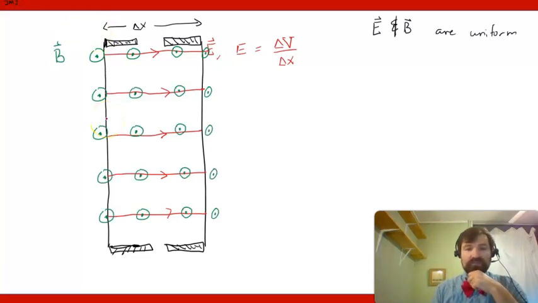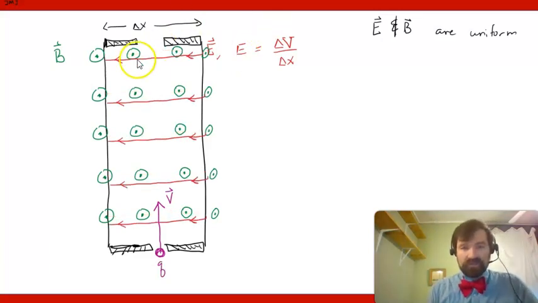All right, so we have a uniform electric field, we have a uniform magnetic field, and we have down here a particle which is going to enter into this velocity selector. The particle has some velocity v, it has some charge q.